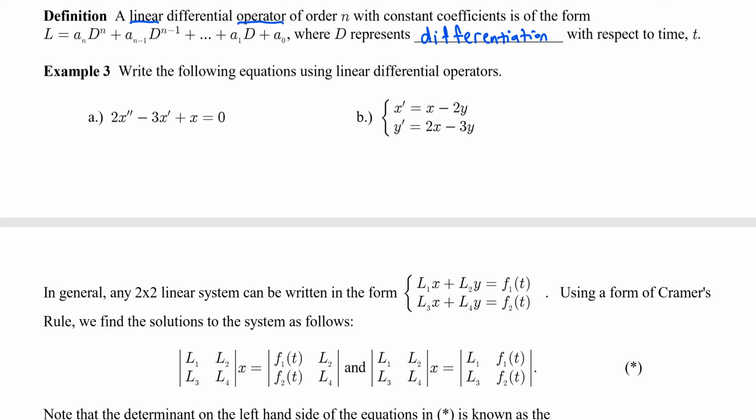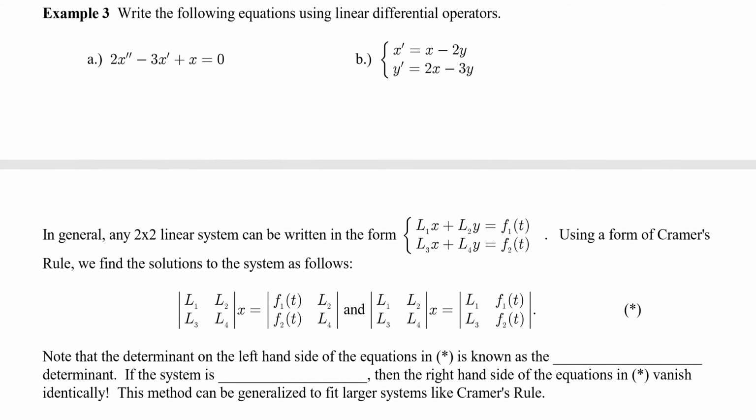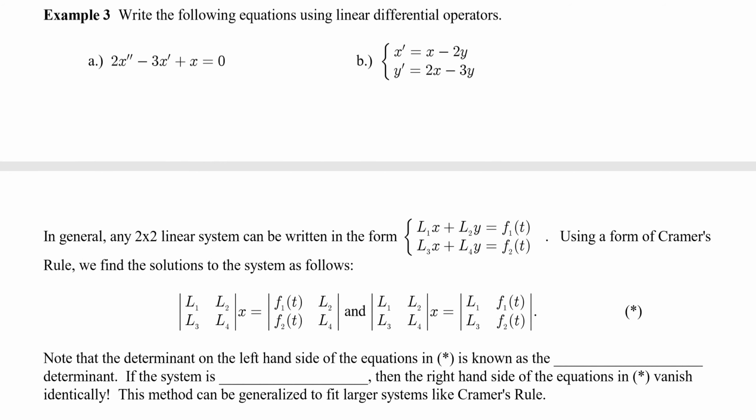Again, you've seen the big D for the differential operator, but we're going to look at how we can write a differential equation using that notation. So, for example, write the following equations using linear differential operators. Right here, the double prime indicates I've taken a second derivative with respect to t, or whatever our independent variable happens to be.